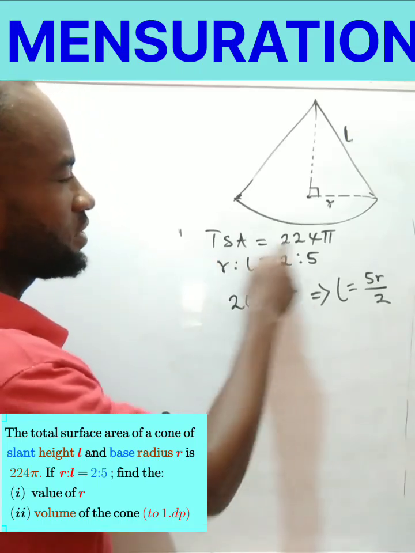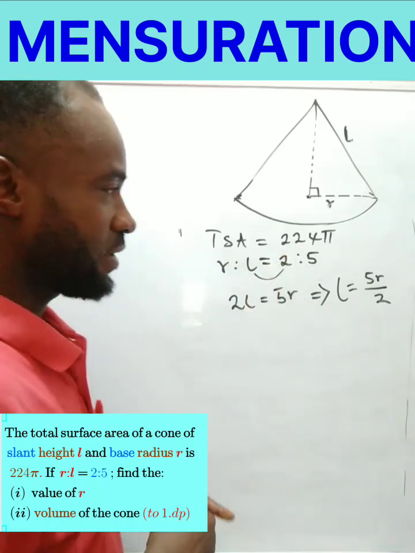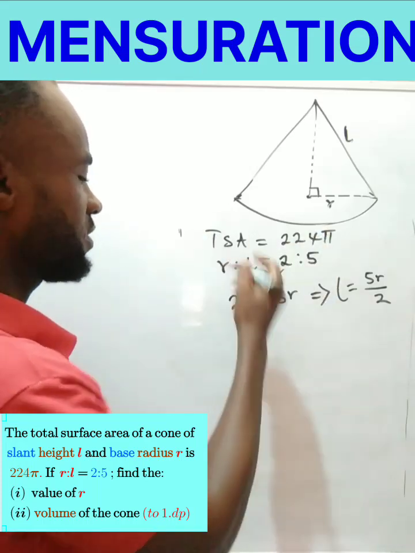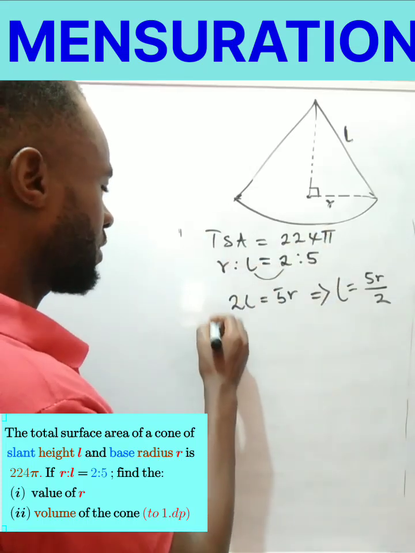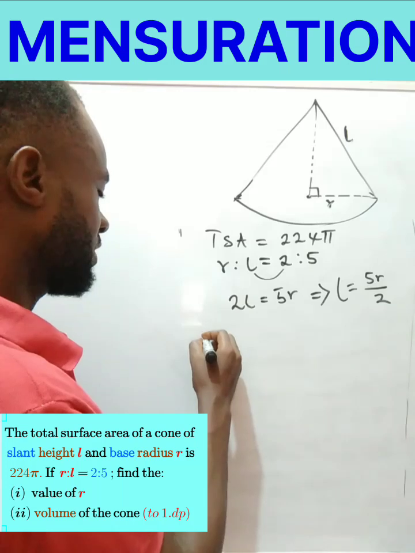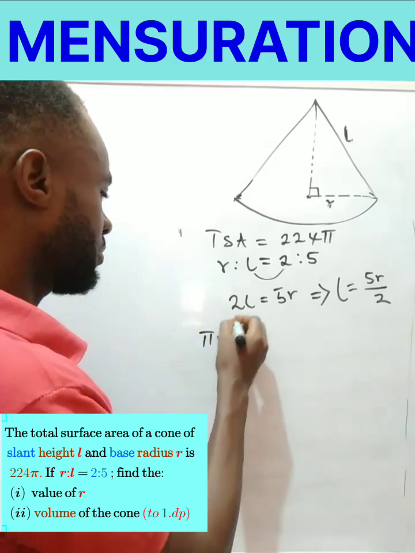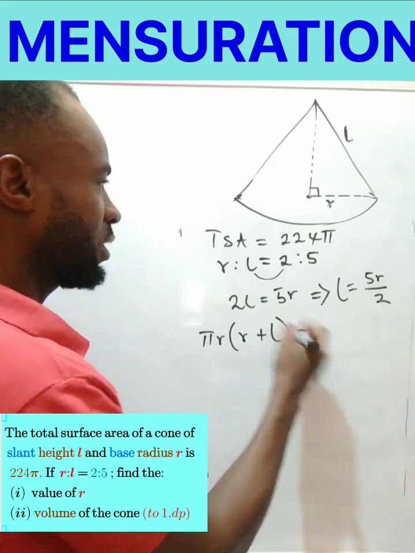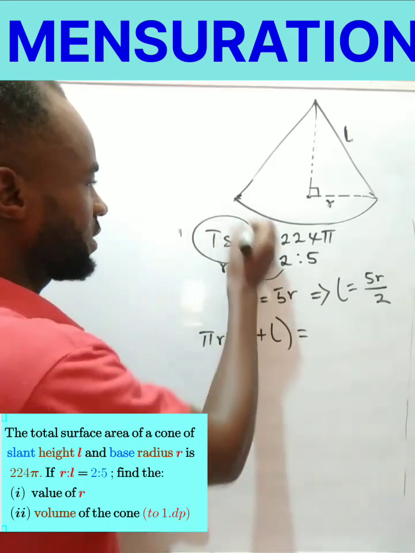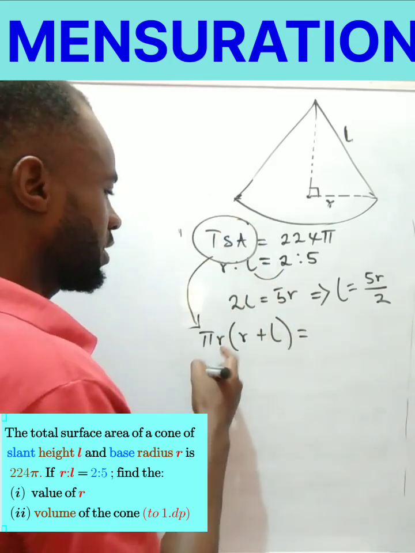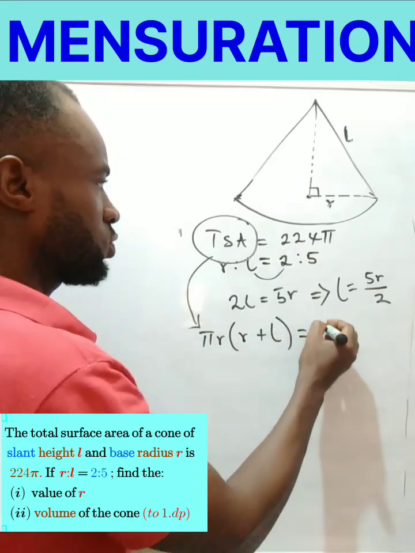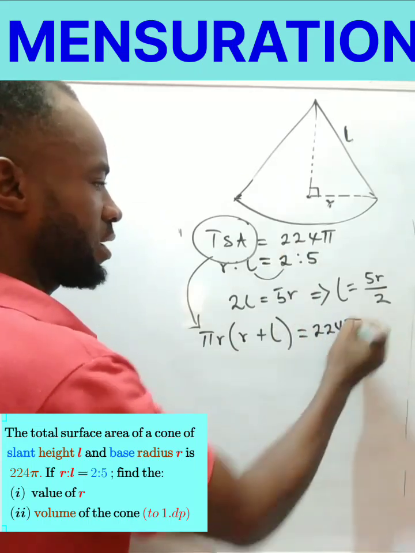Now they say the total surface area is 224 pi. The formula for total surface area is pi r bracket r plus L. So this total surface area of a cone, this is the formula for it, and we are told it is equal to 224 pi.